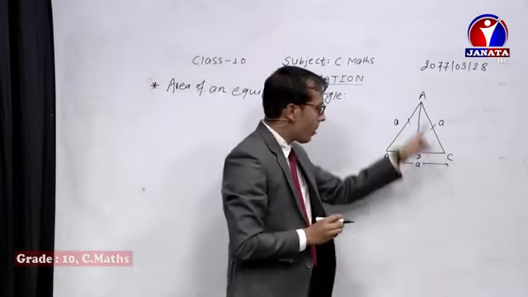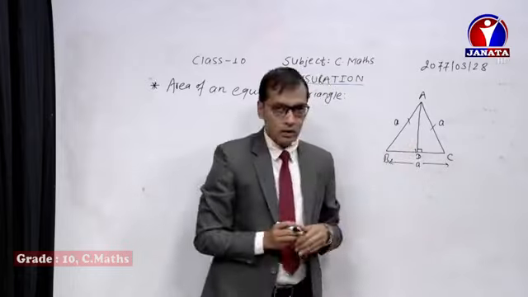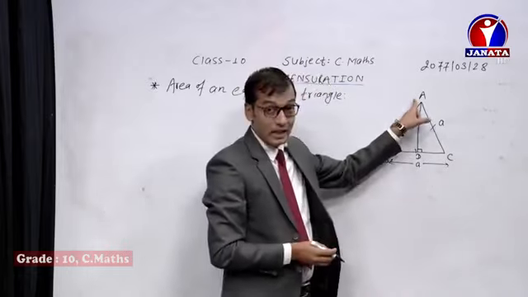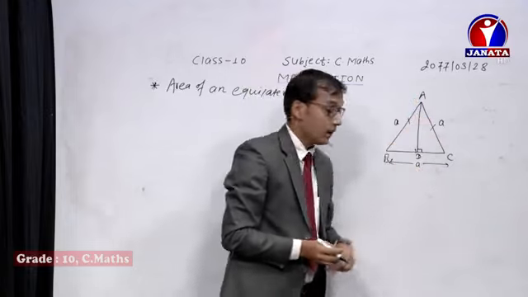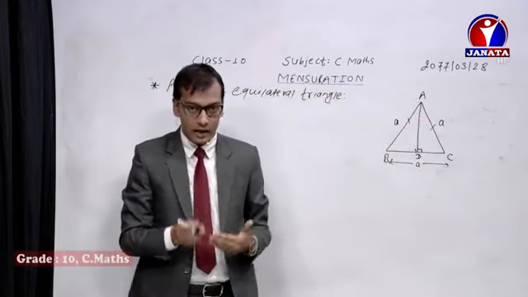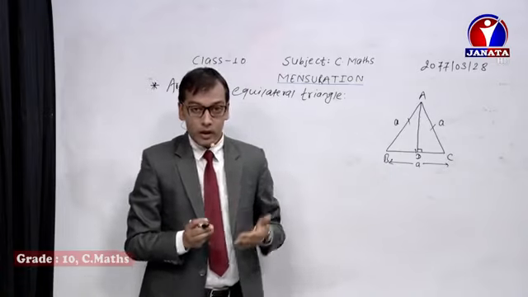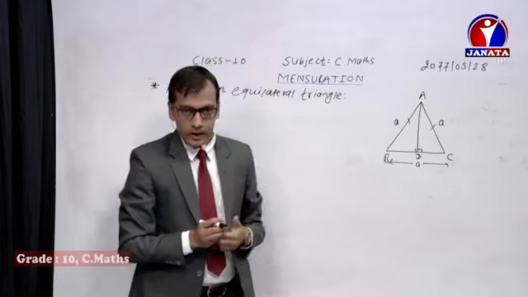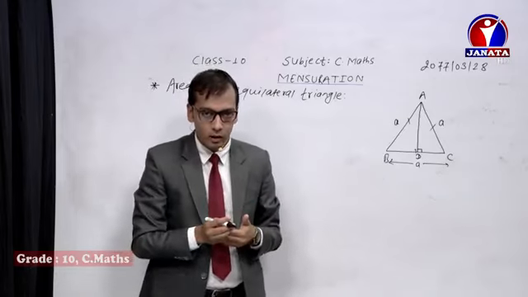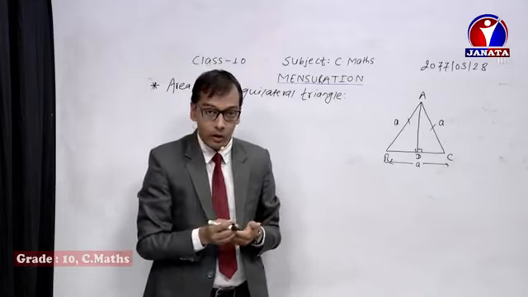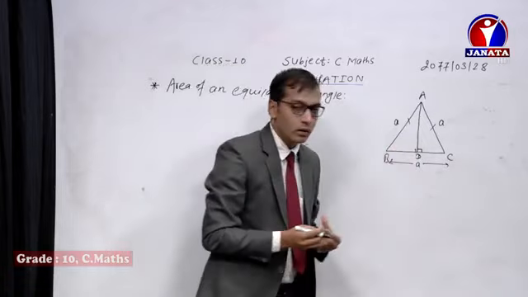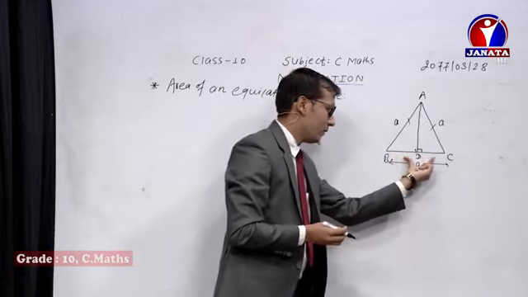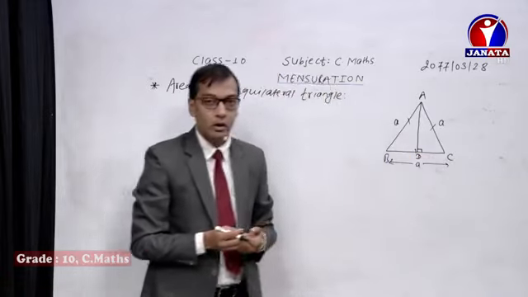Here in the figure, AD is the perpendicular drawn from vertex A to the opposite side BC, and this is called height because it's perpendicular. In an equilateral triangle, a perpendicular drawn from a vertex to the opposite side always bisects the base, so AD is the perpendicular bisector of the base BC.